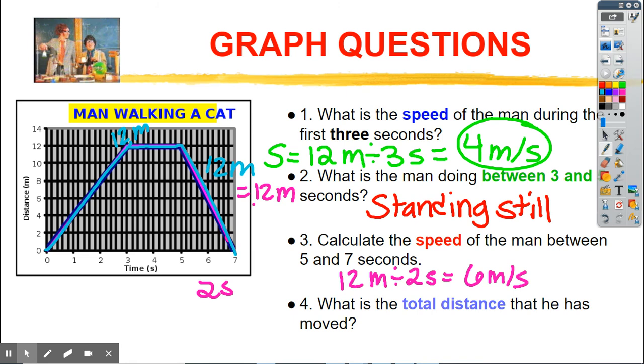So his total distance would be 12 meters plus 12 meters, which gives me 24 meters. He goes from point A to point B, stops, and then comes back to point A. So that is 12 meters there and 12 meters back, which gives me 24 meters.